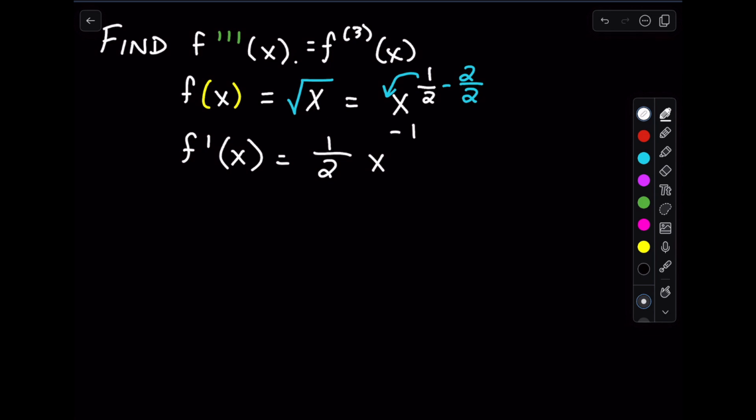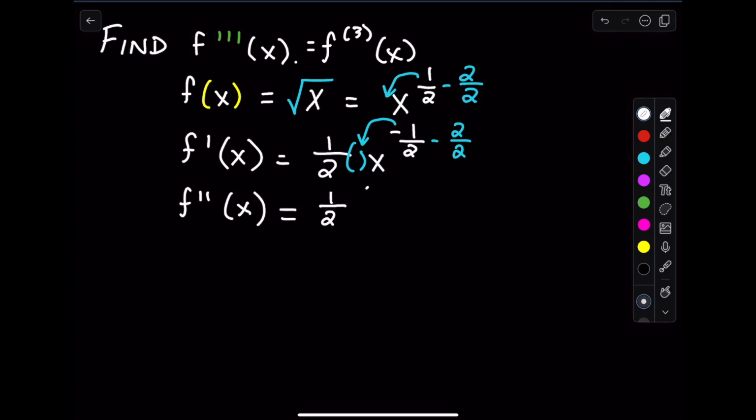power of negative 1/2. So deriving this again, we now have to put negative 1/2 in front of the x here and subtract by 2 over 2 once again. So we find that f double prime of x equals 1/2 times negative 1/2 x to the power of negative 3 over 2.